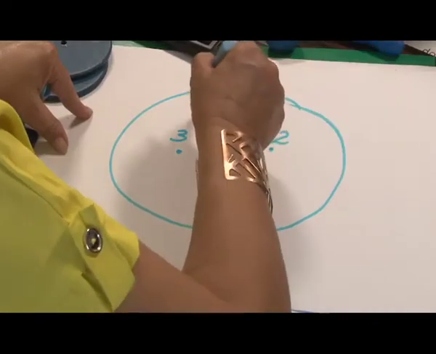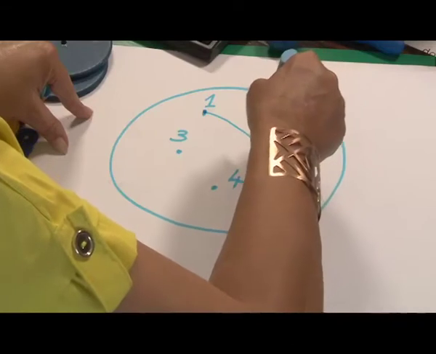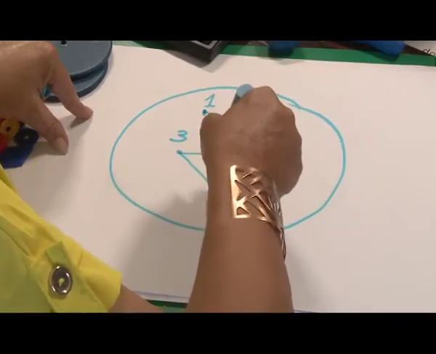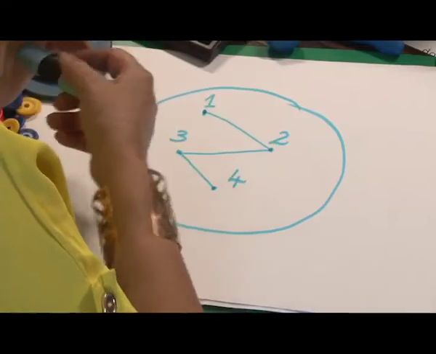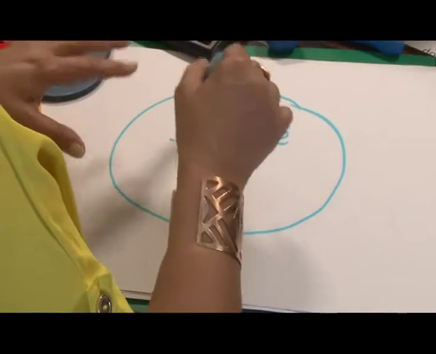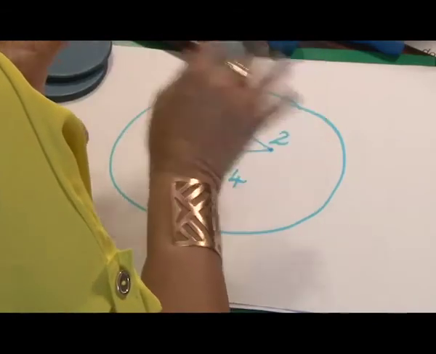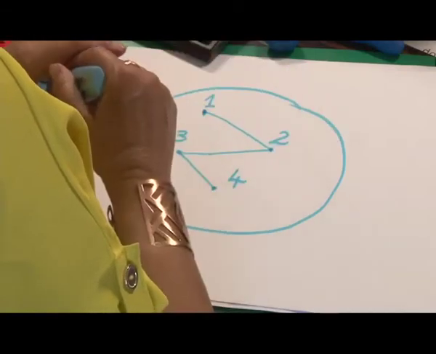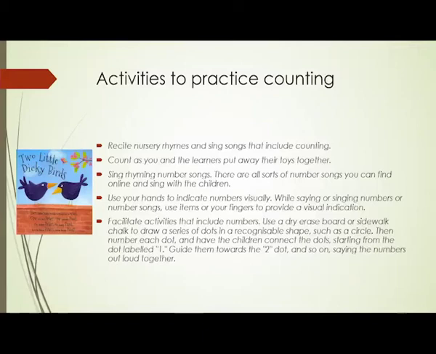So the child should use 1, go to 2, go to 3, go to 4. And they will enjoy it if your picture or your numbers make a nice picture for them, and they can even color the picture. So guide them towards the dot to dot numbering.